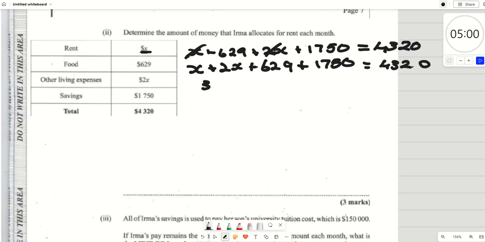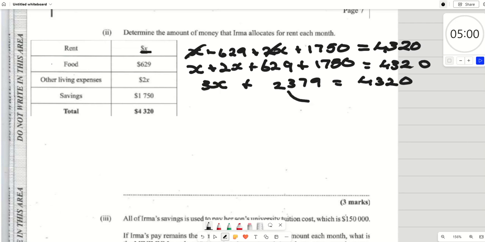Right, so that's 3x plus, let's add it up, 629 plus 1,750. When you add this all up, you're going to get $2,379 equals $4,320. You want to solve for x, so you're going to make x the subject of the formula. So you want x to be by itself.